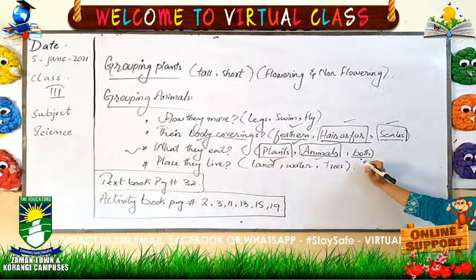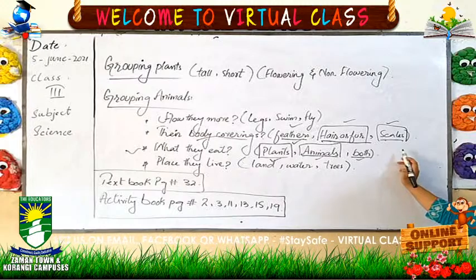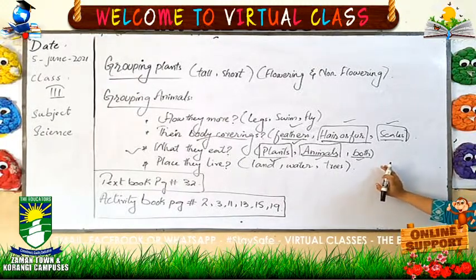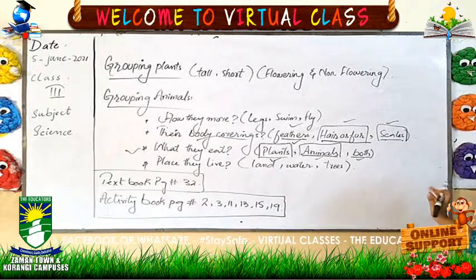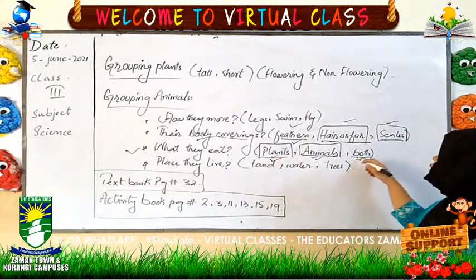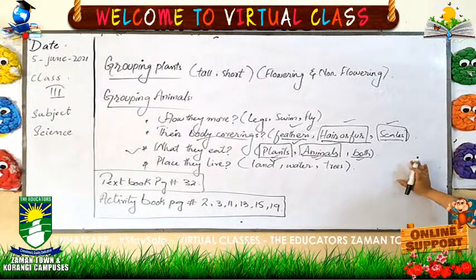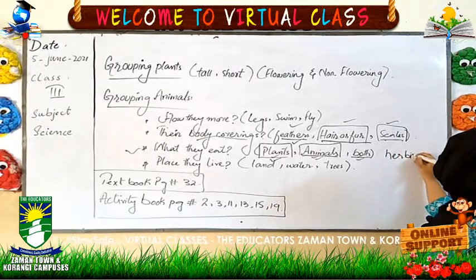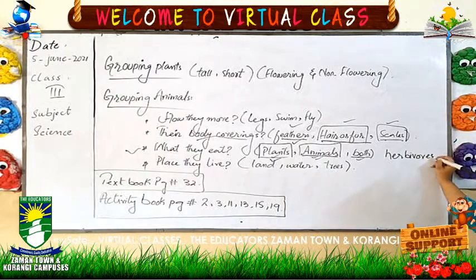So we make a particular group for them, the animals which eat both plants and animals. And I have told you that these groups have particular names. The animals which eat plants are herbivores. Okay, they are herbivores.